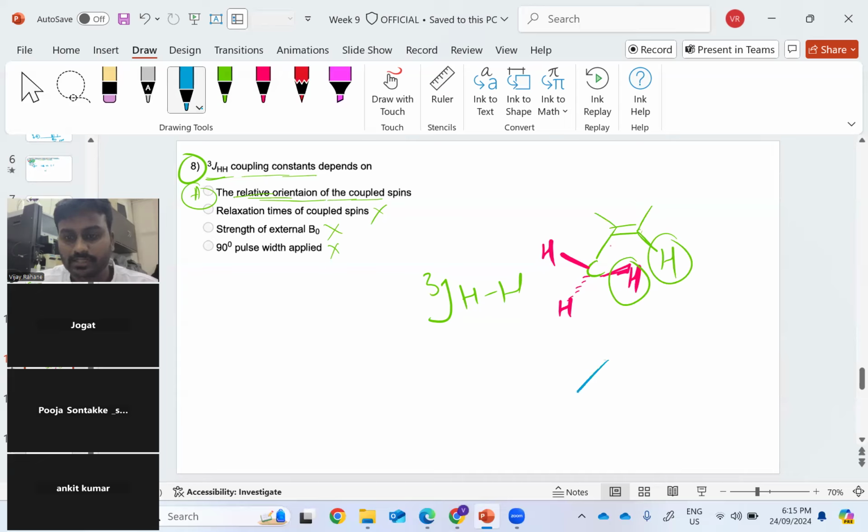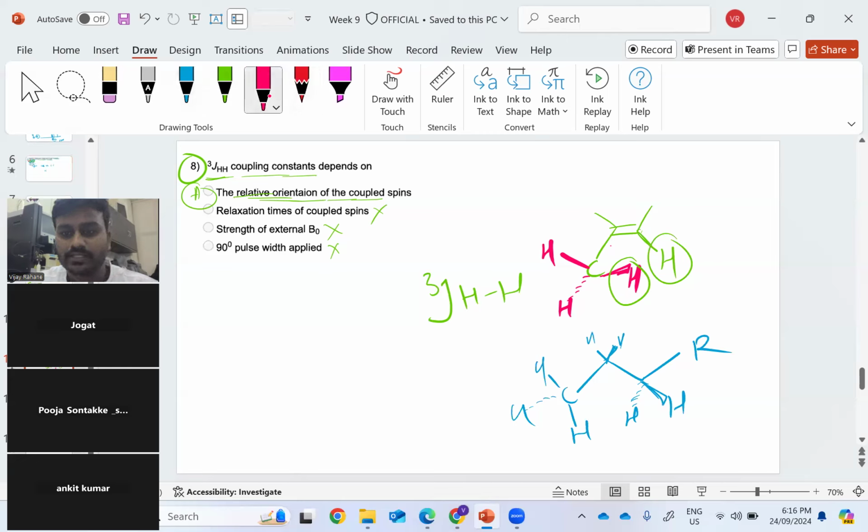But if you look at this linear system, in which the carbon has three hydrogens attached, and also there will be two hydrogens, one below the plane and one above the plane. And this carbon again has two protons attached here, and let's say any R group is attached.